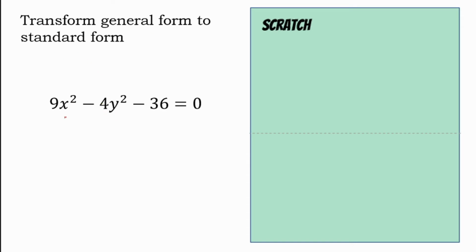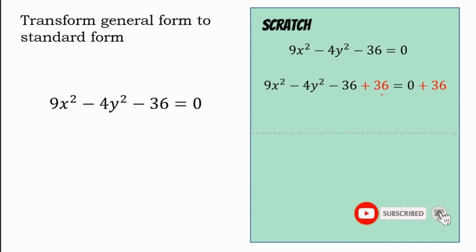We have 9x squared minus 4y squared minus 36, and then we apply the addition property of equality, so we add 36 to both sides. To simplify, we have 9x squared minus 4y squared equals 36. This principle is the same as transposition.